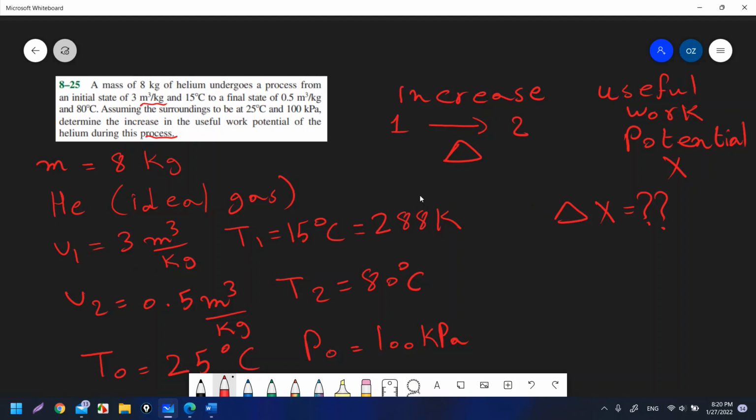We know that this video will be about only closed system, but there is no mass flow rate. He said 8 kilogram fixed mass, so we note this fixed mass, no flow. So that is a closed system.